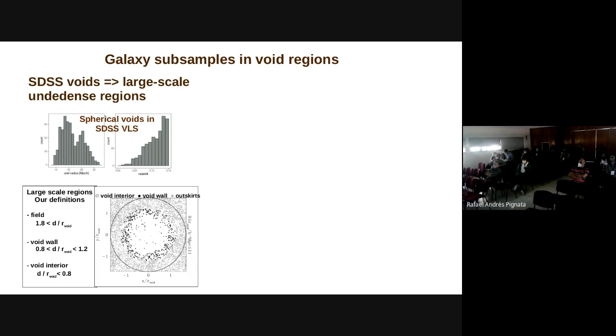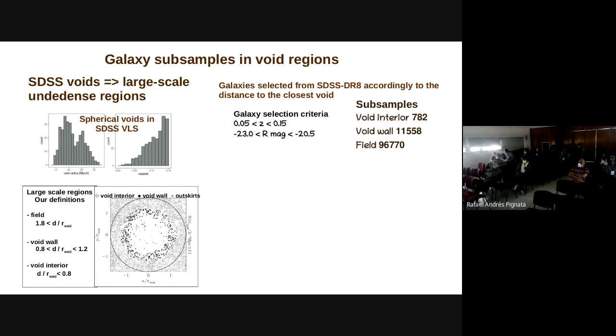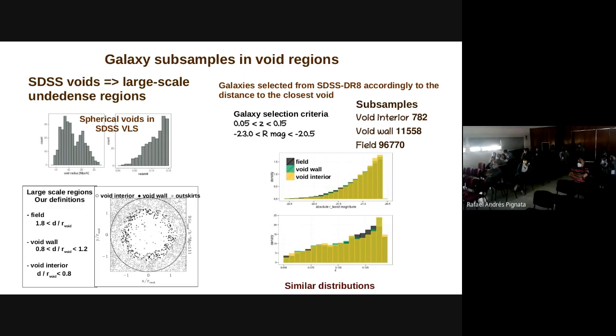So, taking into account this definition, we select galaxies following these selection criteria and the position relative to the voids, and we obtain the 3 subsamples corresponding to the different regions, and you can see the number of galaxies. Clearly, we have very few galaxies in void, but that's enough to perform our analysis.